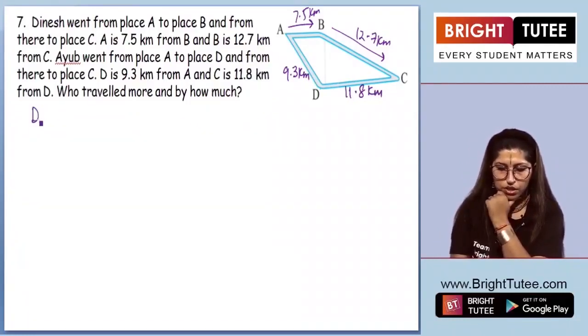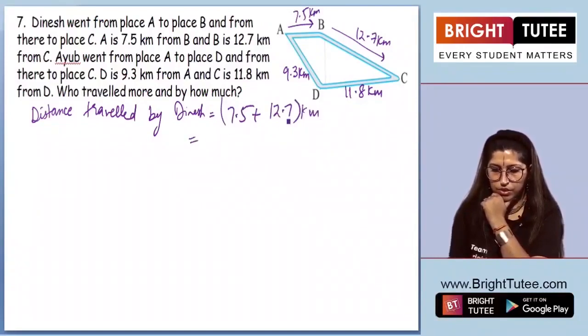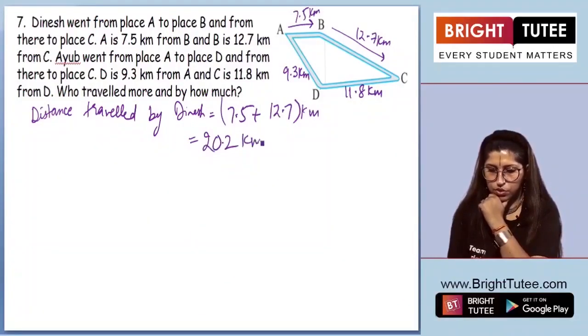So distance travelled by Dinesh is 7.5 plus 12.7 km, which is 20.2 km.